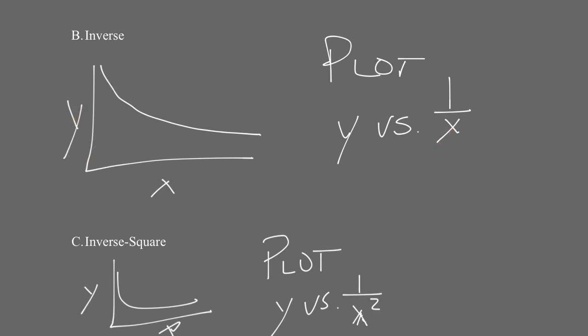They see it's still not linear, so then they try inverse square, and they would square that there. Example of that would be, like I said, universal gravity, where F equals G m over r squared. That's an inverse squared relationship, where we see its force is inversely related to r squared.